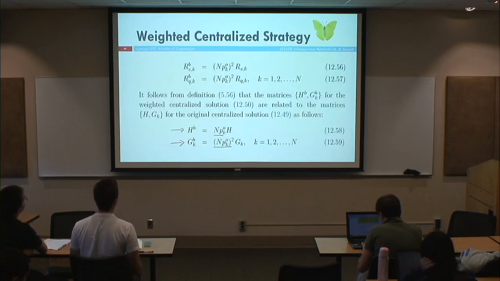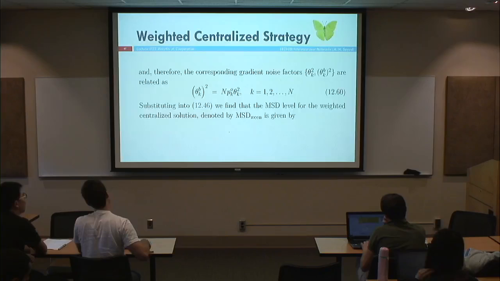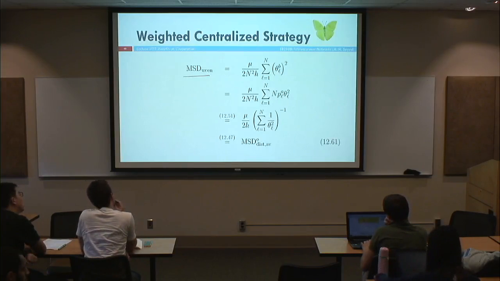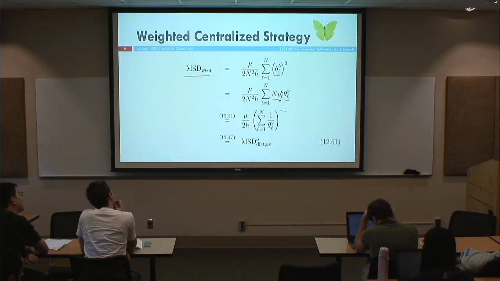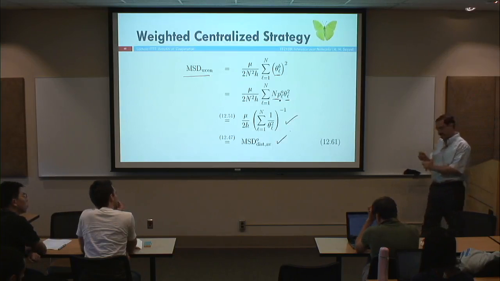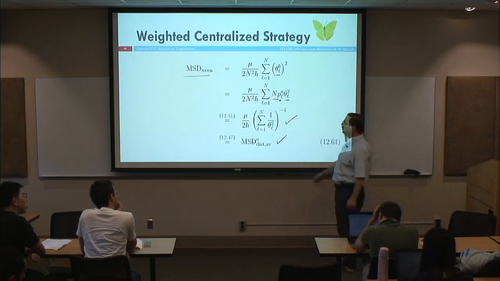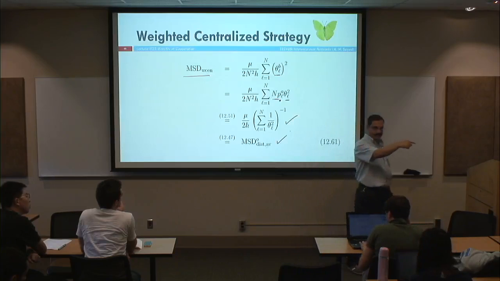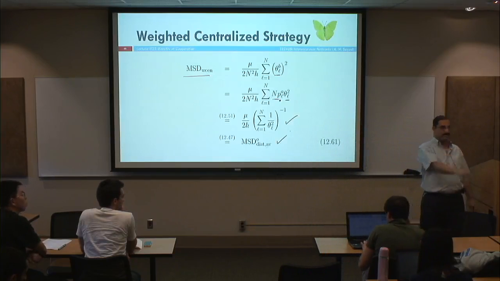If you carry out these scalings, you will find out that the new MSD, because the new theta is np times the old theta, and the new p here, we know what it is, you will find out that the expression will match. You understand? So if you scale your weighted solution in a similar manner, you can recover the best distributed solution.